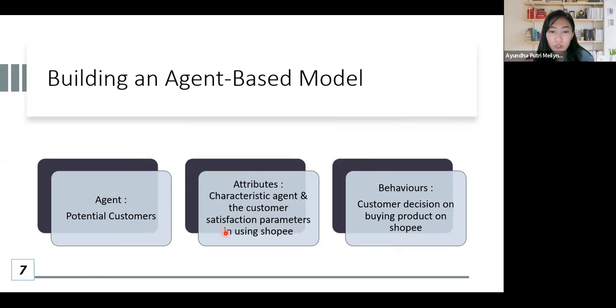The attributes of the agent are the agent characteristics, which are disseminator, explorer, and do nothing, and the customer satisfaction parameters in Shopee, which are accessibility, promo, price, service, and effectiveness. The behavior of the agent is the customer's decision on buying products on Shopee.